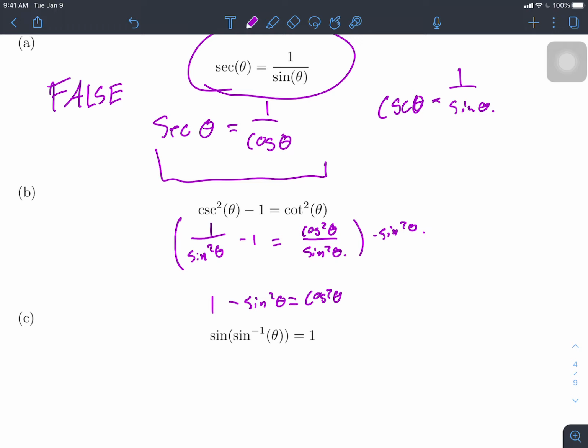And if we move this over to the other side, then we get that this is equivalent to sine squared theta plus cosine squared theta is equal to 1. And I know that this one is true. This is basically the Pythagorean theorem.